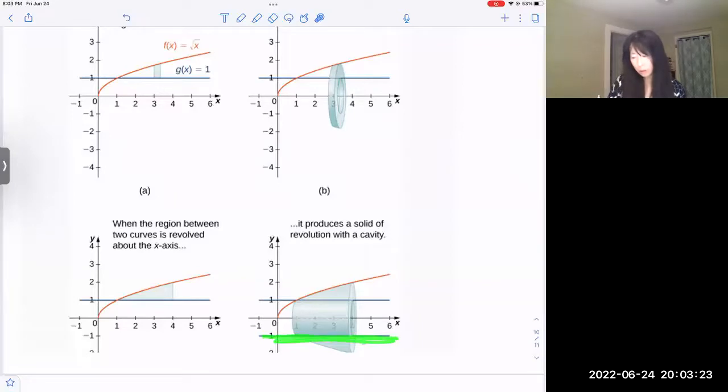And this line reflects about the x-axis too, right? Can you see that? In this case, the region they give us is 1 to 4, right? Okay, now, can you see that? We generate the shape. Can you see that there is a hole inside in the center?